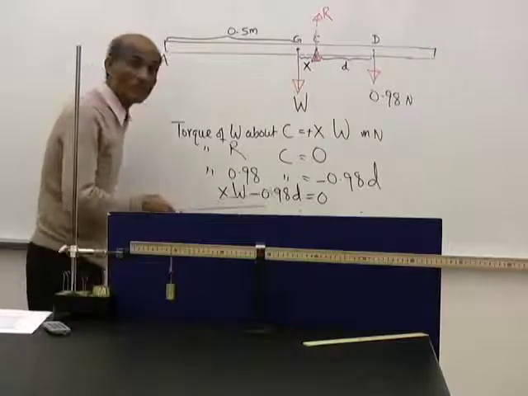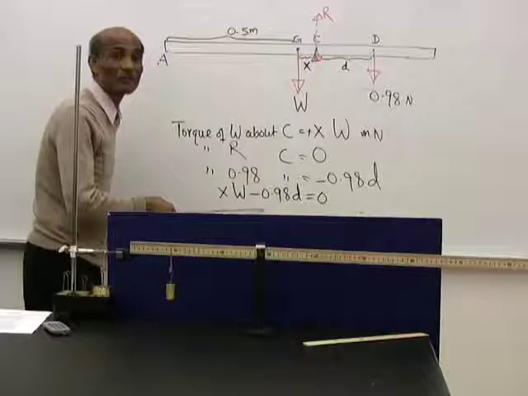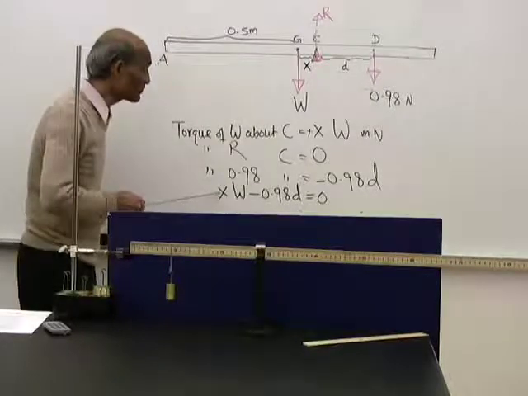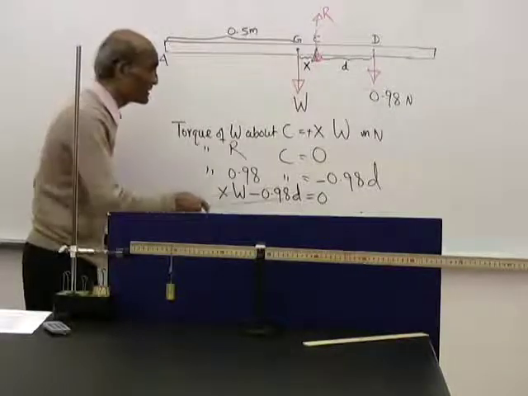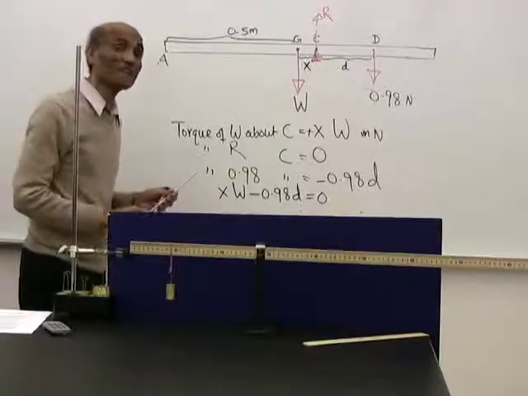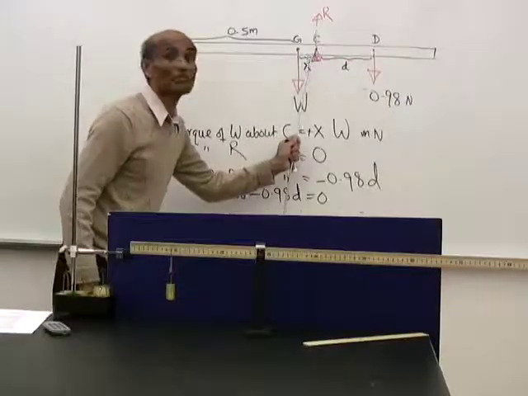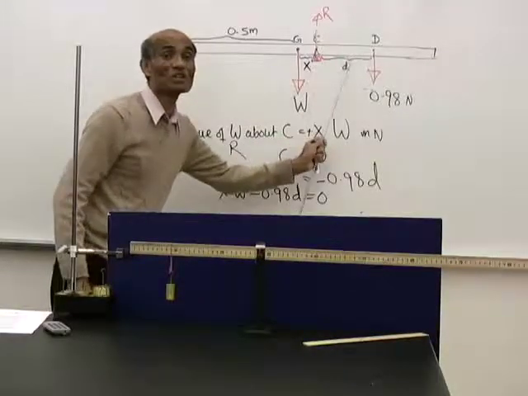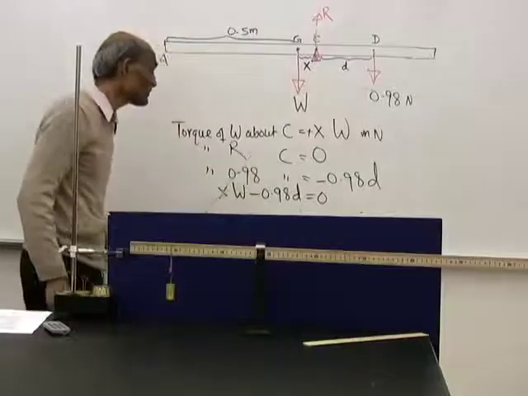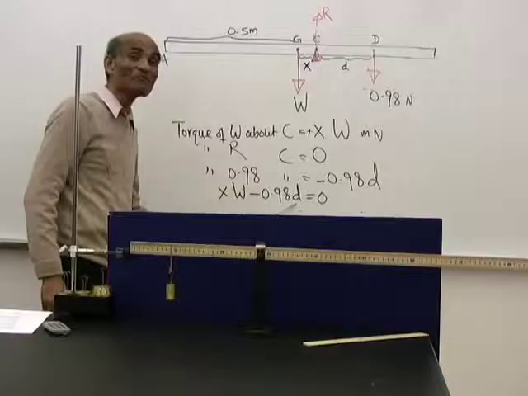Now, can you write this equation in the form y equal to mx, knowing that x is a variable, d is another variable? Well, which is the independent variable? We change x and then measure the corresponding d. So x is the independent variable, d is the dependent variable.